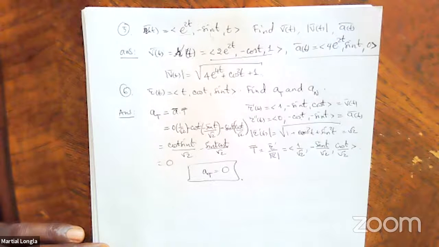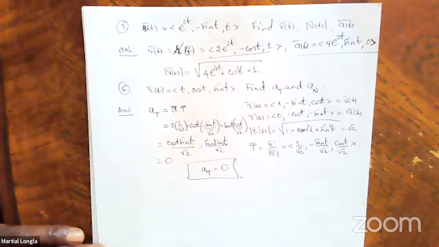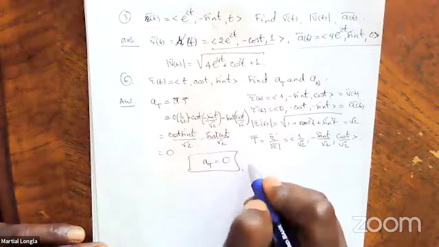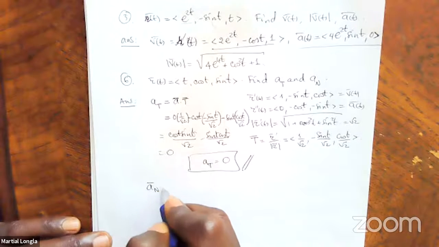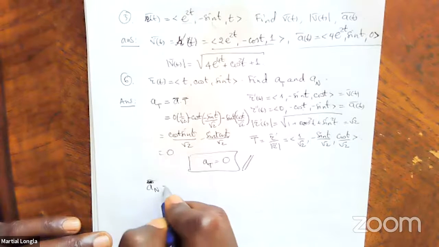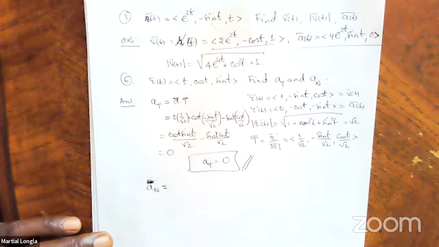Questions? So what's the formula that we use for AN? And again, remember that AT and AN are numbers, are scalars.